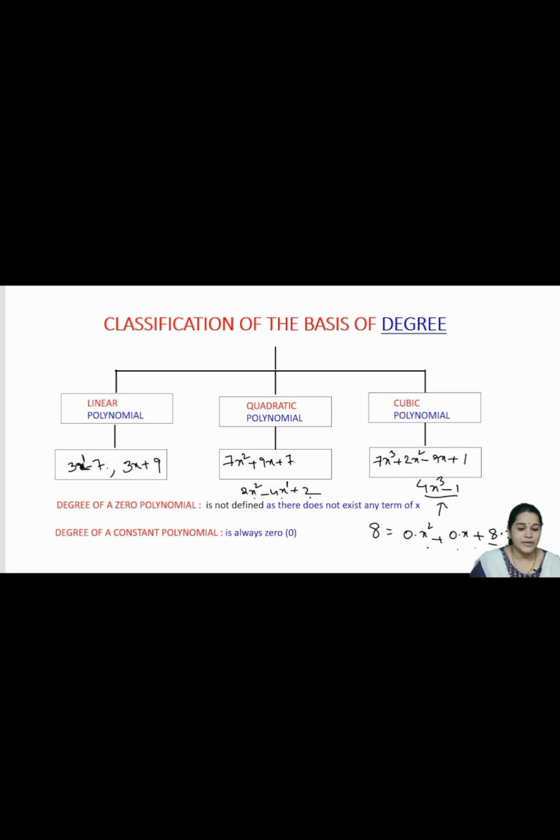Here 0 into x and 0 into x square, these two terms will vanish because 0 into anything is 0. So 8 can be written as 8 into x power 0. The highest power of this constant polynomial 8 is 0. Hence the degree of a constant polynomial is always 0.